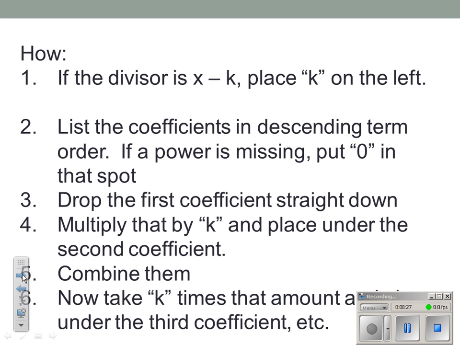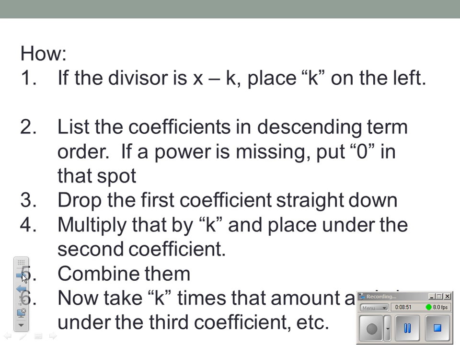So step 1, if the divisor is x minus k, place k on the left-hand side of your problem. Then you list the coefficients in descending term order. If a power is missing, use 0 as its coefficient. Drop the first coefficient straight down. Then you're going to take that k and multiply it by that coefficient.